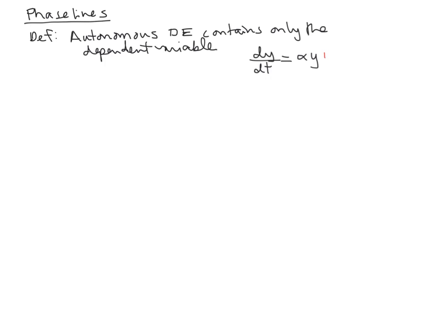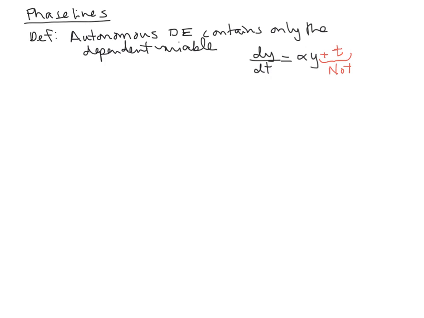Now, if I were to do something like plus t, then this part of it makes it not autonomous. Right, so we need to have basically only y's. We can have other numbers, but only functions of y's on the other side to do this.